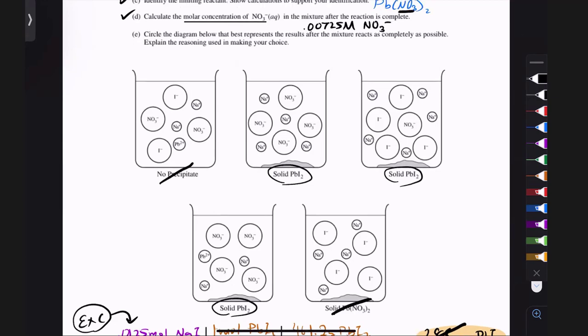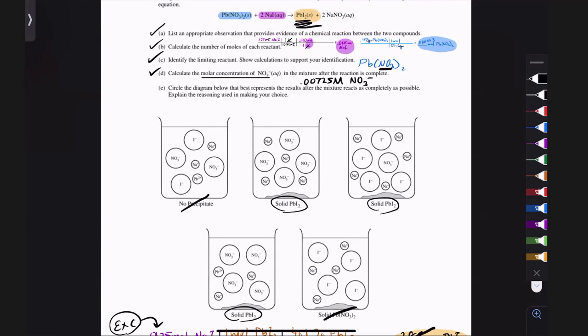We know the sodium and nitrate ions are spectator ions, as these are aqueous products, which means you need to be able to find sodium and nitrate in your answer choices. Based on that, they all pass the bill because I see sodium and nitrate in each.